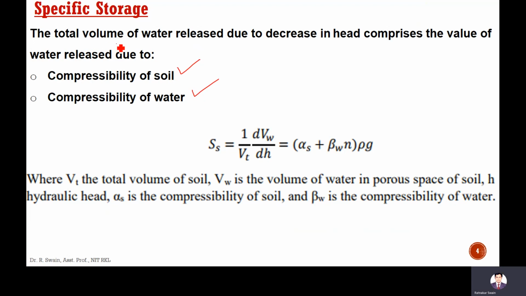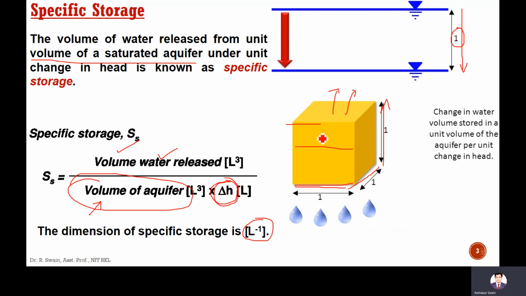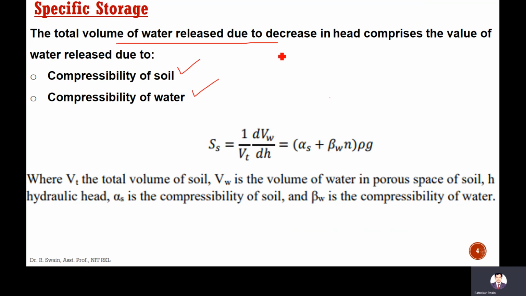The total volume of water released due to decrease in head from the water table comprises the volume of water released due to compressibility of soil and compressibility of water. So during that release, two things happen: there will be compression of water, and there will be compression of soil. Due to these two phenomena, the volume of water is released.